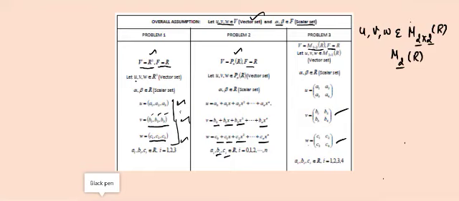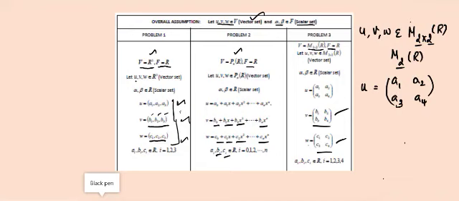Now the element will be a 2 cross 2 matrix, so in this form we will have every element. V will be B1, B2, B3, B4 and W will be C1, C2, C3, C4.